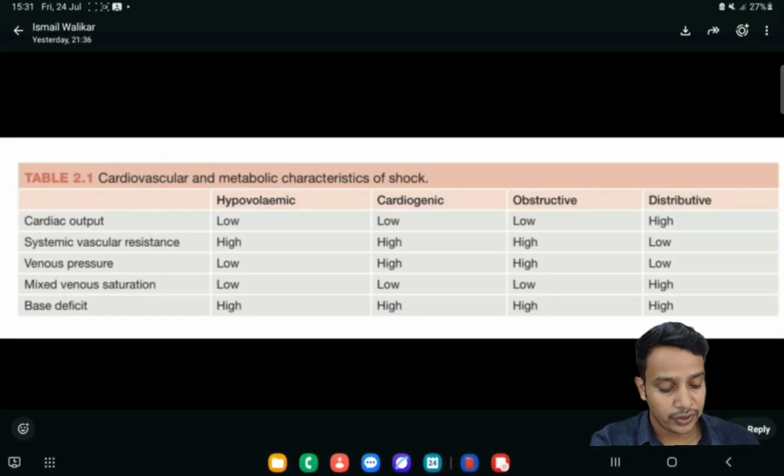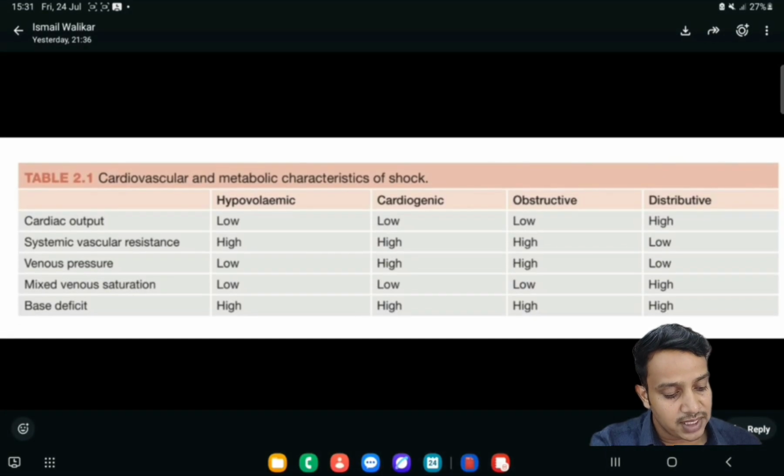Remember one thing, these are the hypovolemic, cardiogenic, obstructive and distributive types of shock. In all the shocks, except the distributive shock, some terms change. Cardiac output decreases in all the shocks except distributive shock. In distributive shock, cardiac output is high in the initial stage.